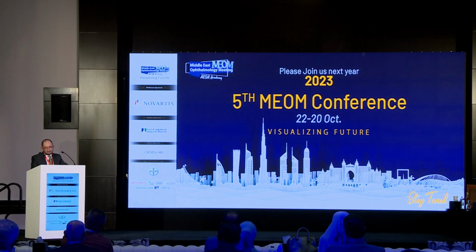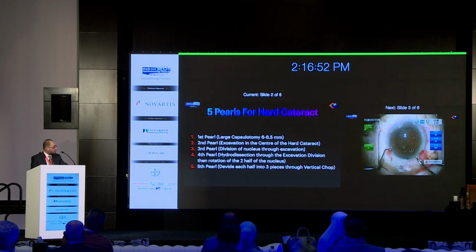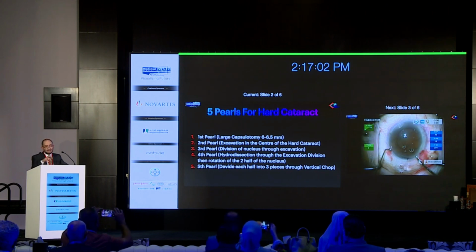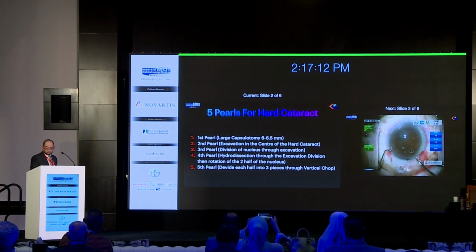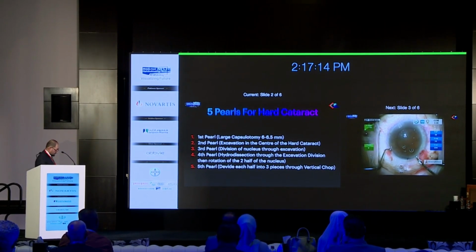I'm not doing it as a second step. The third thing is that the problems come from the very hard nucleus, the center of the lens. So I'm tackling this hard center as a concavity. I'm creating a tunnel, about 2.5 to 3 millimeters, the excavation in the center of the hard cataract.